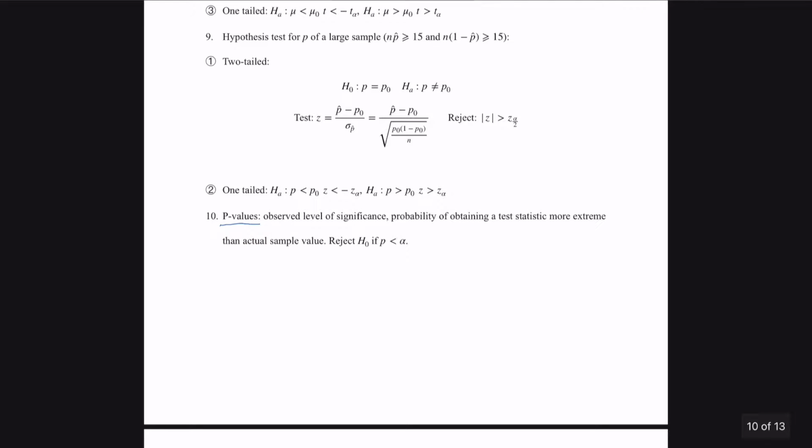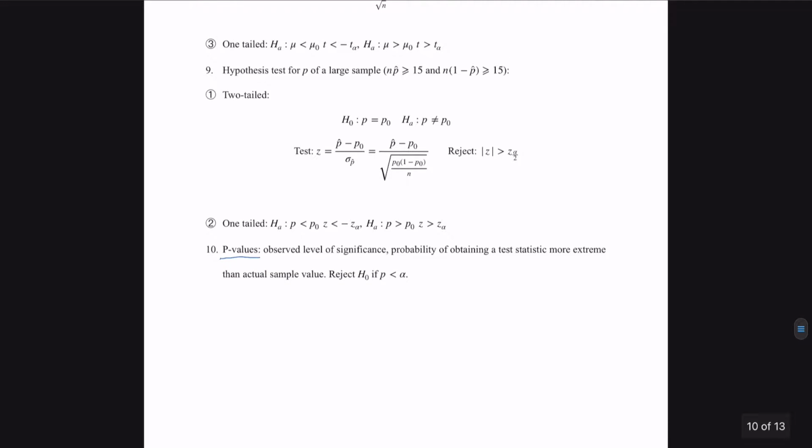The reason why I didn't mention p-value before is that if you take a look at the notes above, from sampling distribution to confidence interval, we are pretty familiar with the use of z-score, right? So we are pretty familiar with z-score, so it's easier to understand how to reject or accept a hypothesis using z-score.